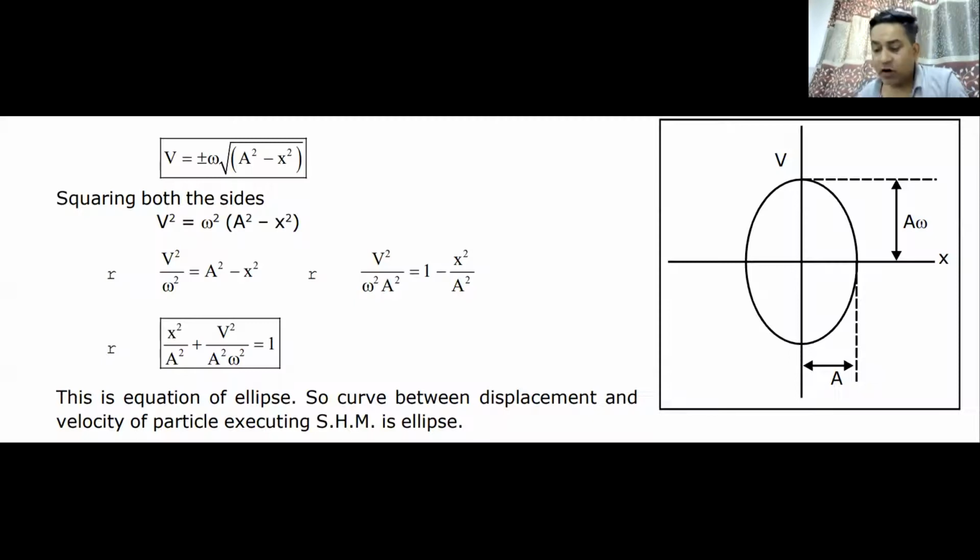We move ahead to the next way of writing velocity. We have already seen that velocity is a omega cos omega t. This is velocity in terms of time.